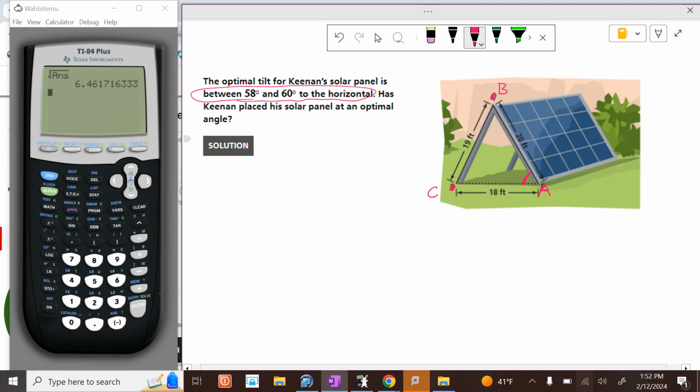So, if this is angle A down here, which is side A, 19, 20, or 18? Which is side A if this is angle A? 19 would be side A. What would side B be? 18, and side C is 20.